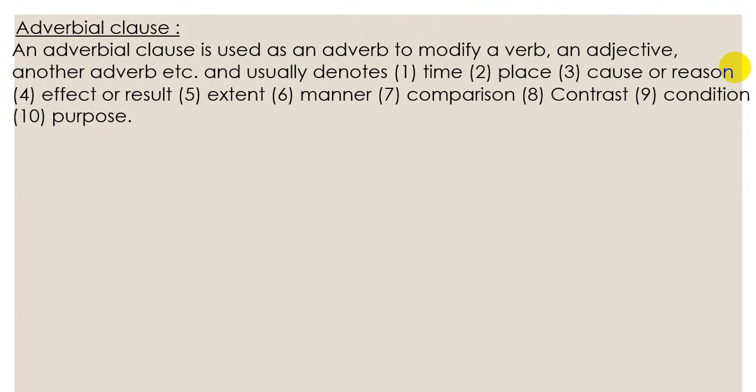An adverbial clause is used as an adverb to modify a verb, an adjective, another adverb, etc., and usually denotes time, place, cause or reason, effect or result, extent, manner, comparison, contrast, condition, purpose.